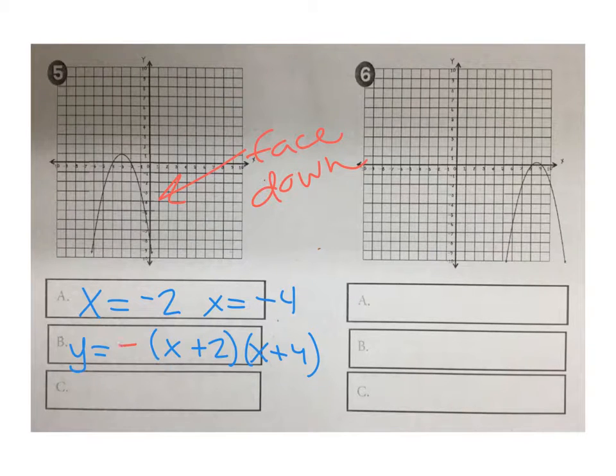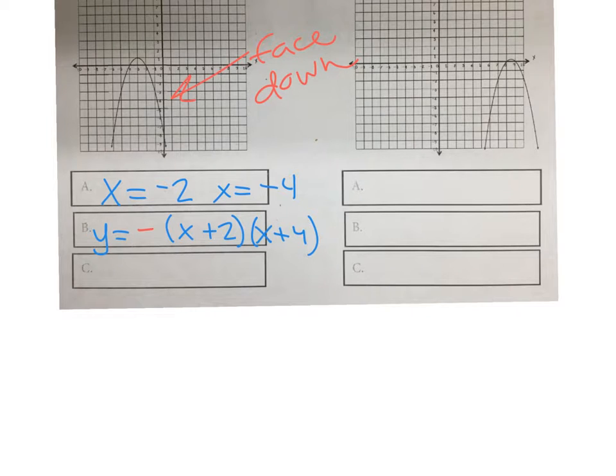What it does change is we have a negative out in front. That negative out in front lets us know that we're going to have a parabola that faces down, kind of like negative frowny faces. When we go to multiply this out, the first thing that I would do is distribute the negative sign to the first factor, not both factors, just the first factor.